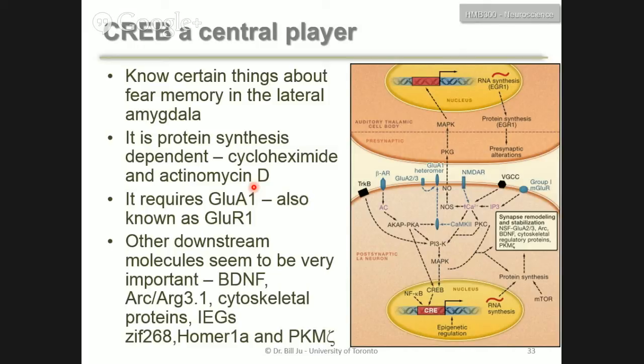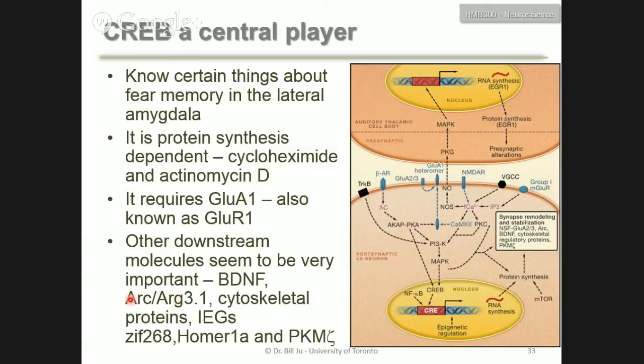They will not freeze. We also know that this form of learning involves GluA1 or GluR1, so it's an AMPA receptor mediated plasticity. And there also seem to be downstream molecules that we've seen before that have been shown by a number of different groups to be activated in this particular model. So as the animal learns that music is something bad, I should freeze because I might get a foot shock, in this particular neuron, you might start to see the increased production of BDNF.